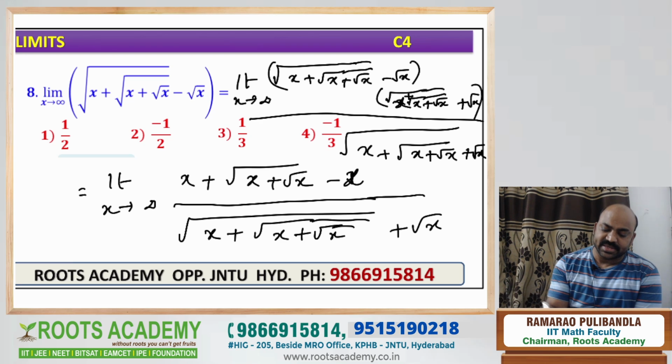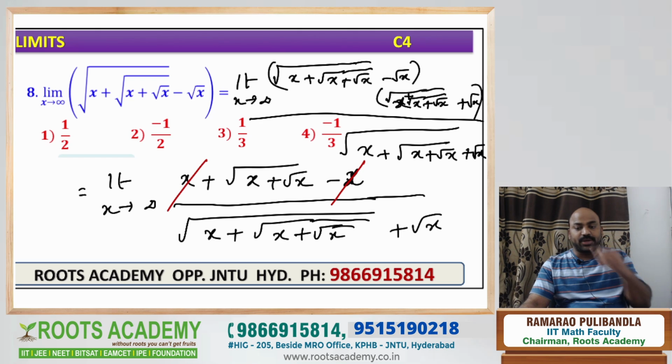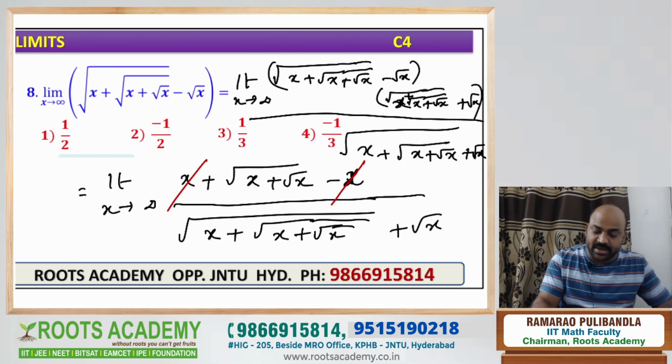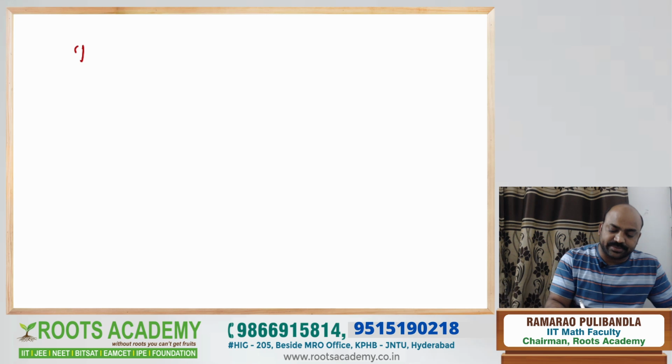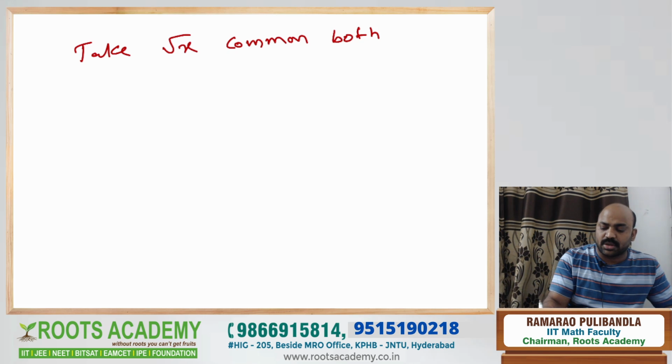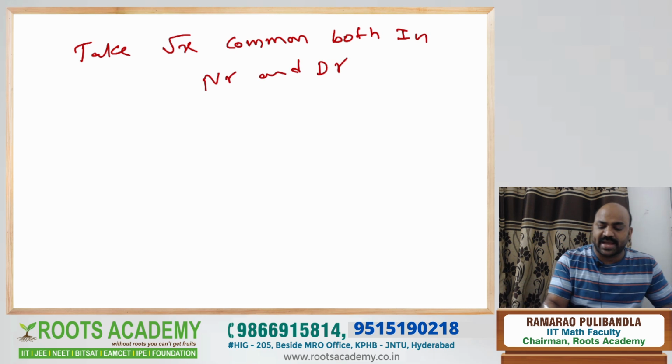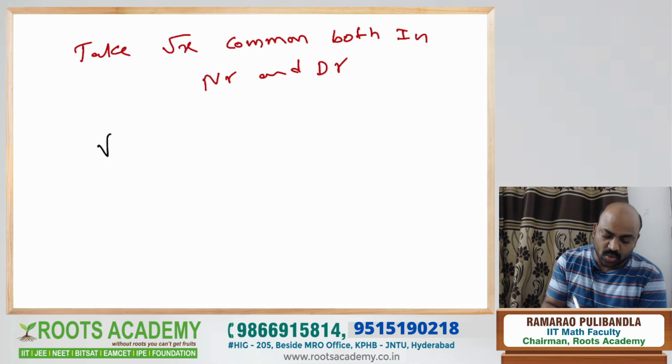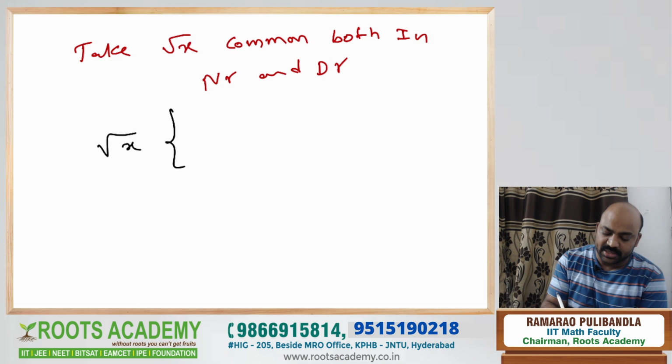So these two terms are getting cancelled. In the numerator and denominator, I am taking root x common. If I do like this, I will get root x common, and this is going to become 1 plus 1 by root x.